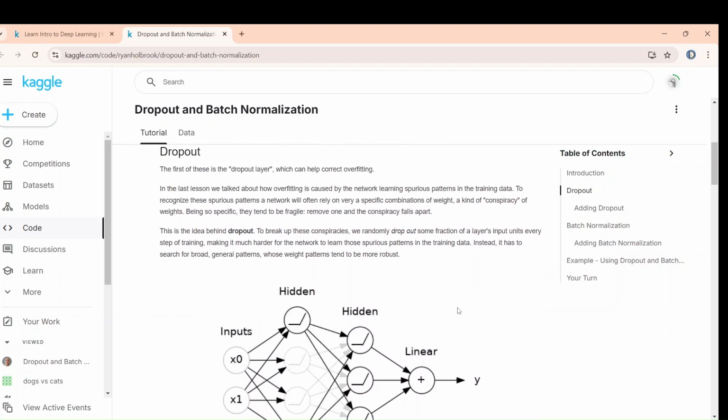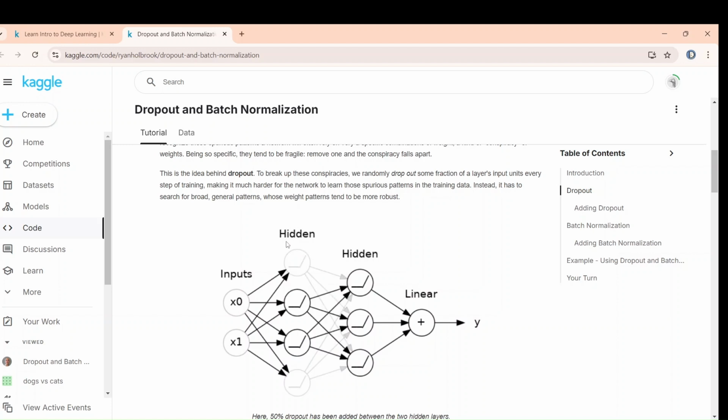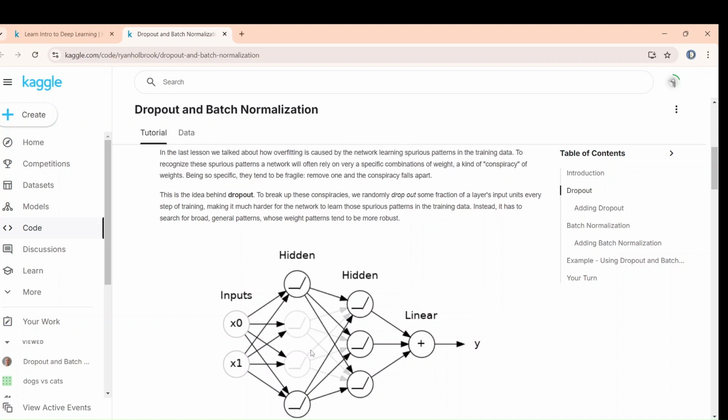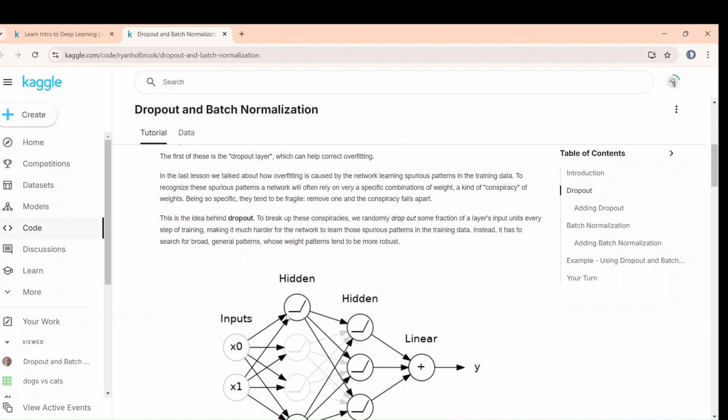So randomly, I am selecting some units and dropping them out. Dropping out means I am not using them. So when it is removed, the output from this layer is not going to the next layer. So you understand that we are just making it stop. I don't want any output from this layer.